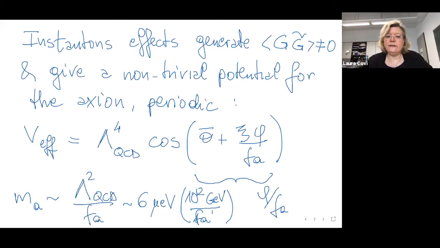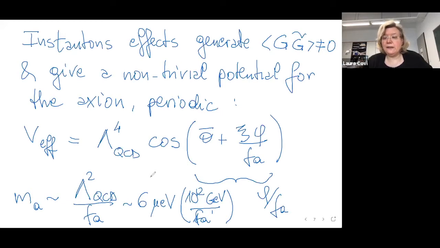Historically, Wilczek realized that you have this field, and in the original paper they were looking at Fa values of the order of the electroweak scale. This means that if you put something like the electroweak scale here, then this mass is actually not so small, and also the couplings of the field to the QCD sector are not so suppressed.